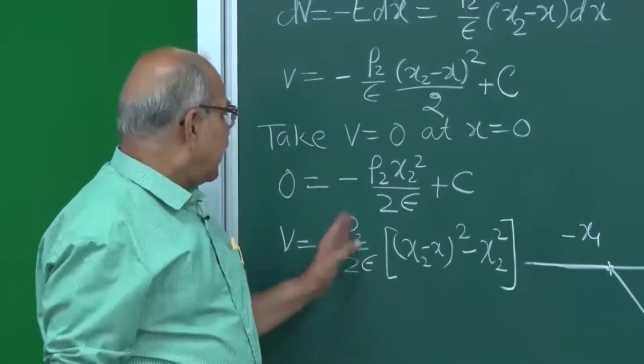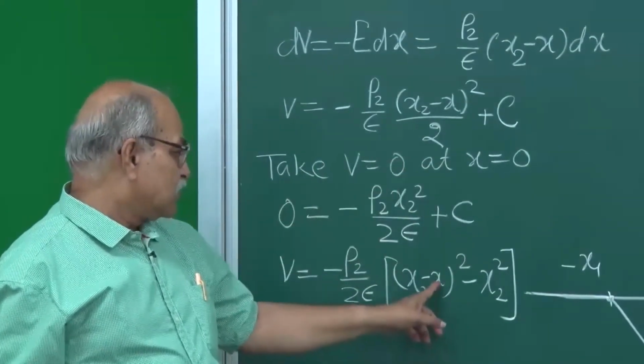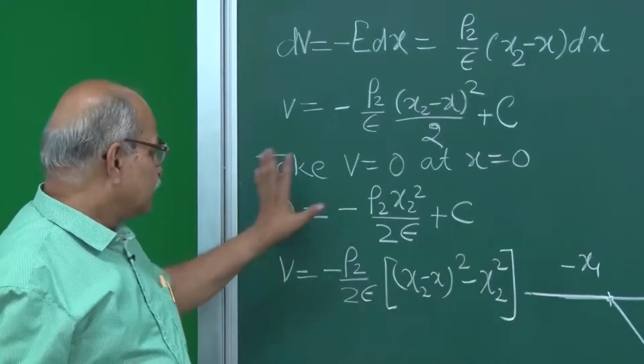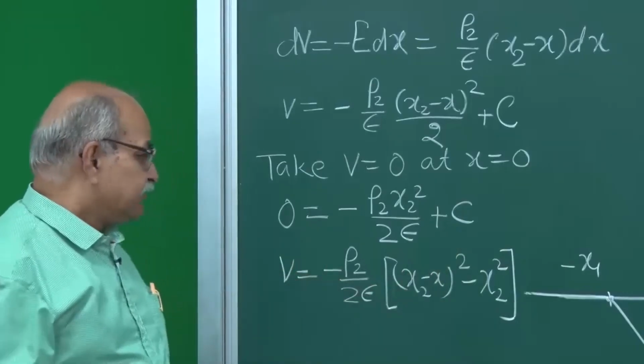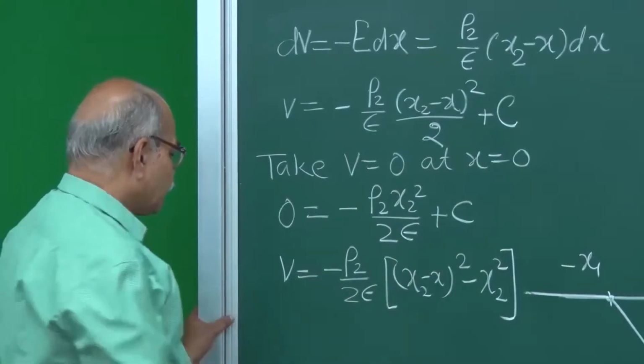So let's check. At x equal to 0, V should be 0. At x equal to 0, it is x2 square minus x2 square, that is 0. That's fine, so we have substituted it correctly. So this is the expression for V. And what is V at x2?